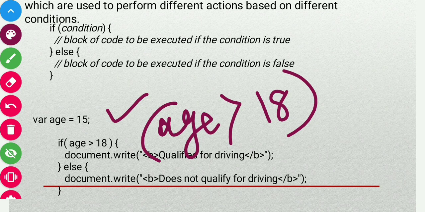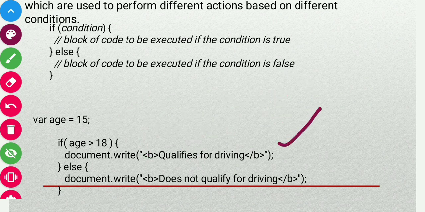So if age is greater than 18, you are going to get a message on the screen that says qualifies for driving. Document.write is the command used to display whatever is written in there on the HTML page. So it displays qualifies for driving. And if the user enters a value which is less than 18, it will display does not qualify for driving.